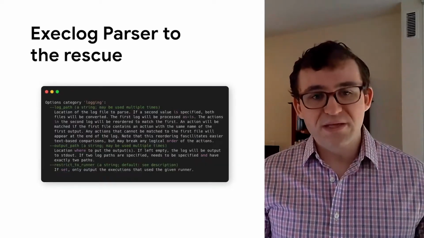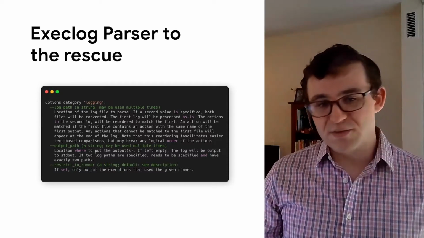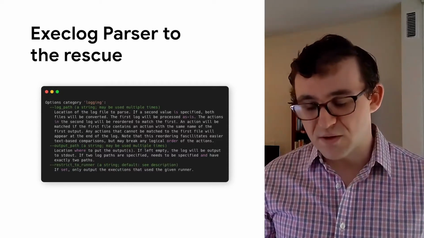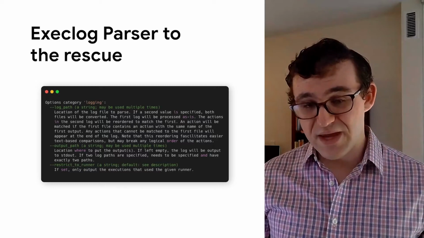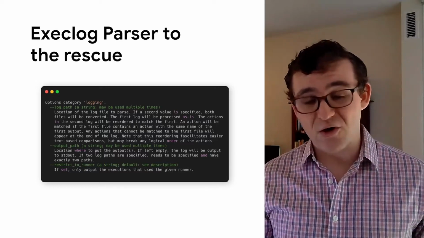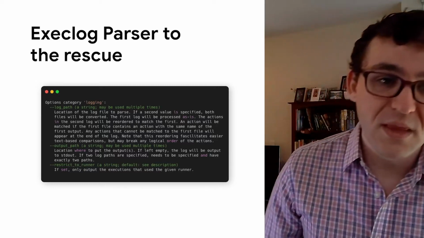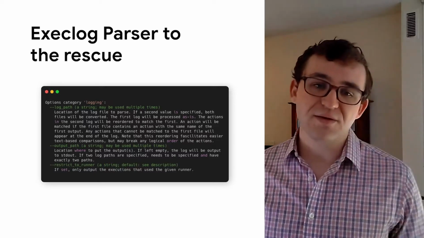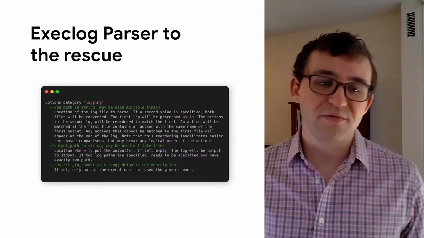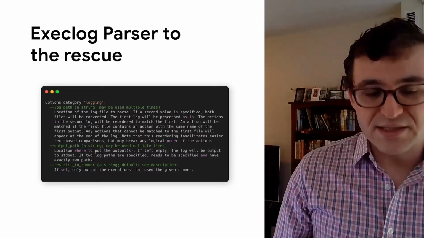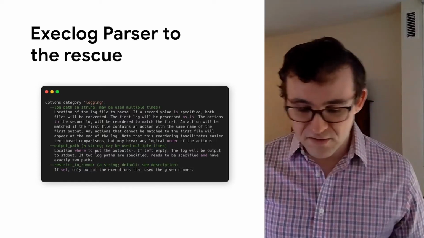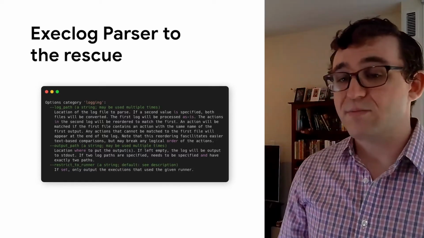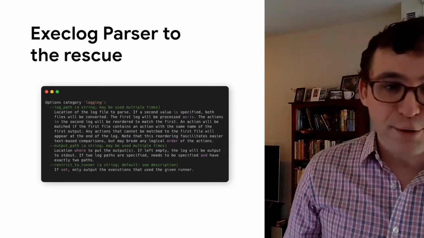And here, Bazel swoops in to save the day. There is a built-in tool to parse these logs. You'd never have guessed it, but it's called the exec log parser. Now, this is the tool that I use to convert that log file from a few slides back into text. You can feed it one of those binary log files, and it'll spit out a plain text conversion for you.